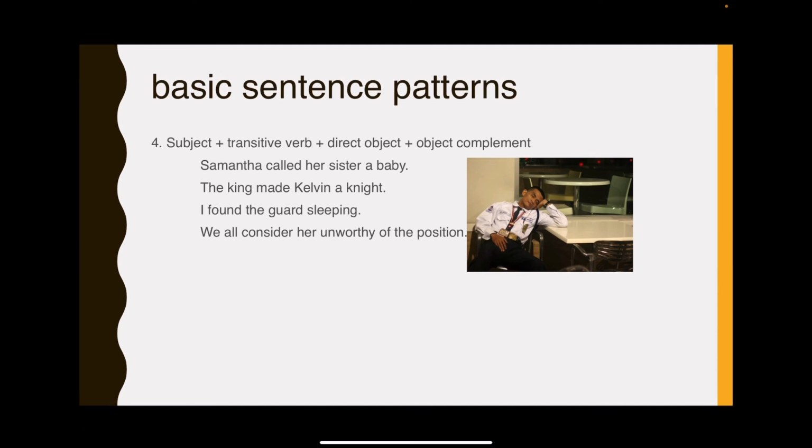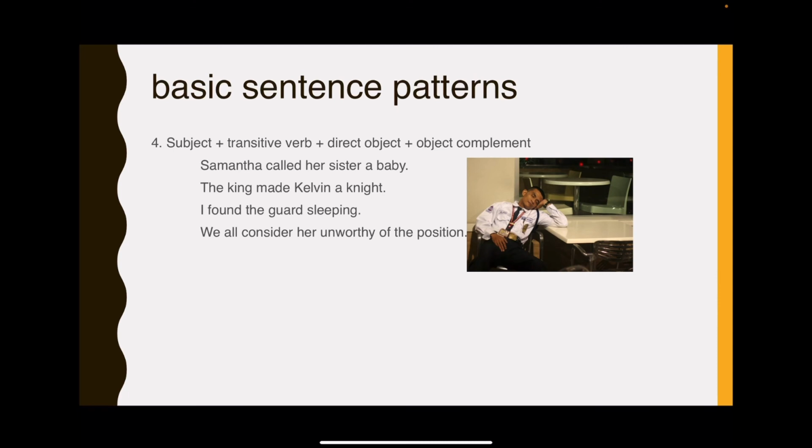"Samantha called her sister a baby." So it means that we have Samantha as the subject. The word "called" is the transitive verb. And the direct object is "her sister." But "a baby" is not the indirect nor direct object of this sentence. This is the object complement, because her sister and a baby are the same person.